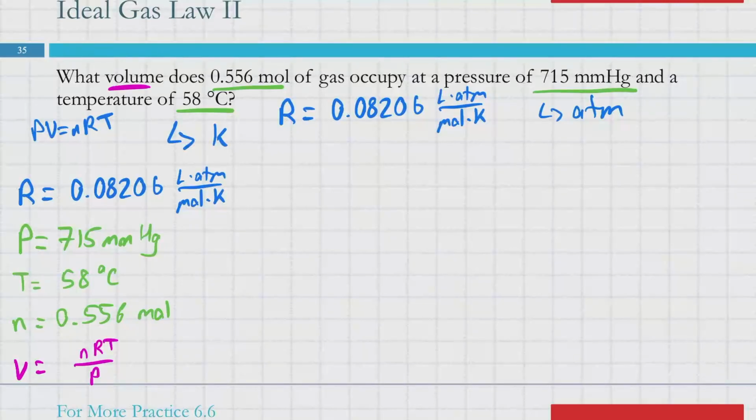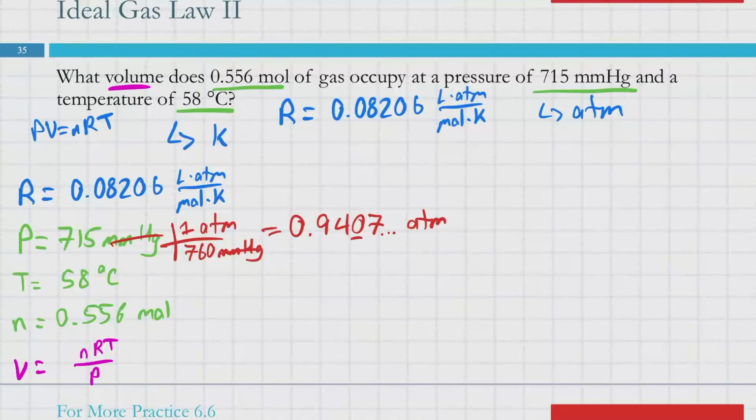Before we do that, it would be a good idea to convert our units, otherwise things will get crazy. So converting from 715 millimeters mercury, there are 760 millimeters mercury, the same as torr, in 1 atmosphere. So we're going to divide by 760, and it's 0.9407... atmospheres.